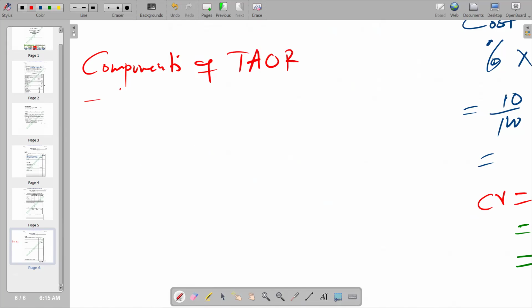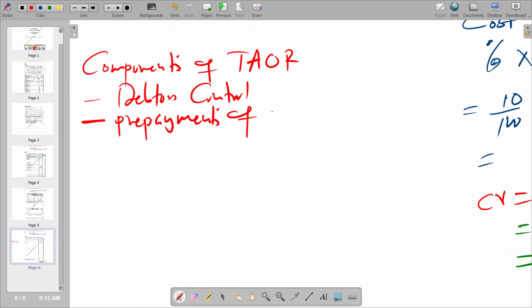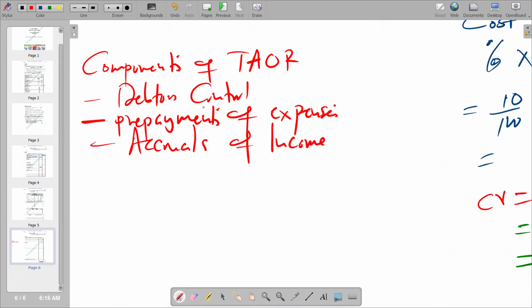Obviously, we have debtors control, and then we add prepayments of expenses, if we have them. Also, when we have accruals of income, if you add these, you're going to get the total for trade and other receivables.